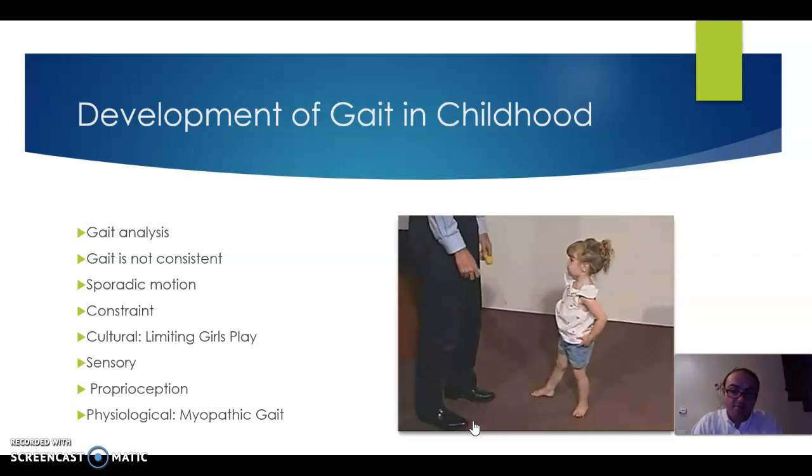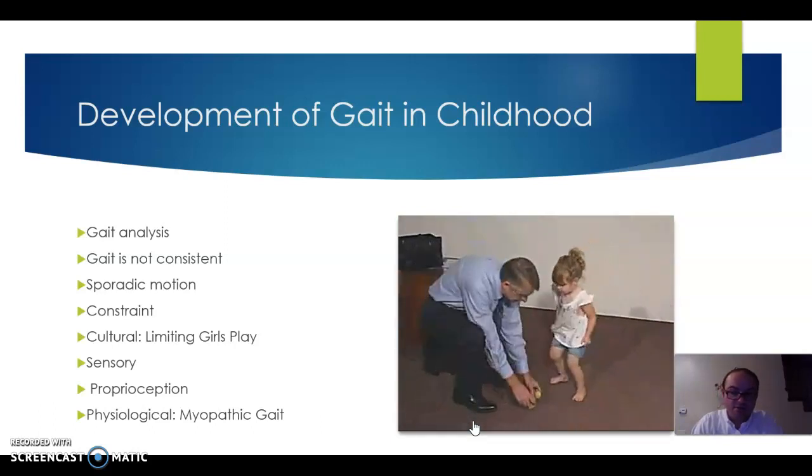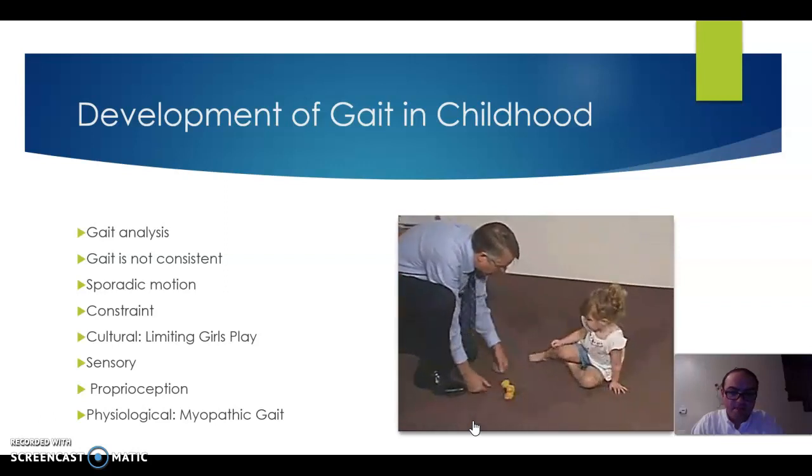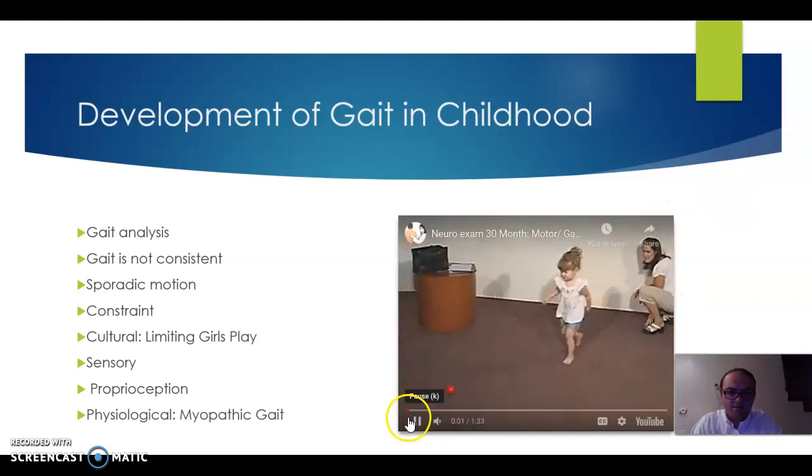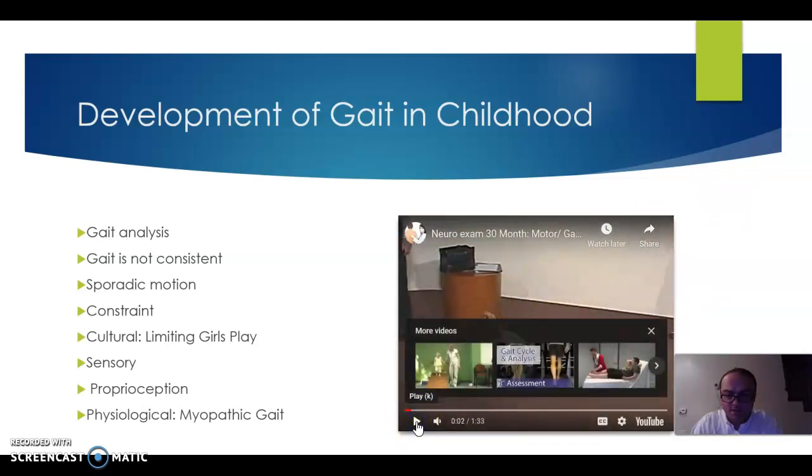And then another physiological constraint that I put here is a specific gait pattern that is myopathic gait. And why I put this one is I had a friend that has muscular dystrophy, or had muscular dystrophy, and my mom picked up that his gait pattern was different when he was young.